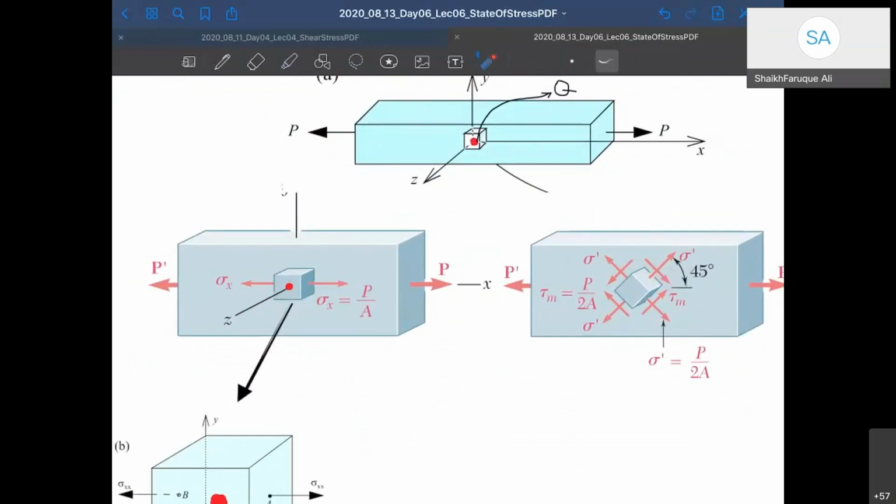And as we have discussed in the last class, complementary shear stresses will be opposite to make sure that the rotation is stopped. So we can see that this is acting this direction, this will be acting in the other direction. If this is acting this direction, this will be acting on this direction because of vertical force balance. And then this will be acting in this direction, that will be acting in this direction to make sure that the moment is balanced, right? Okay. So in 45-degree angle, your sigma value will be tau max, will also be again P by 2A.